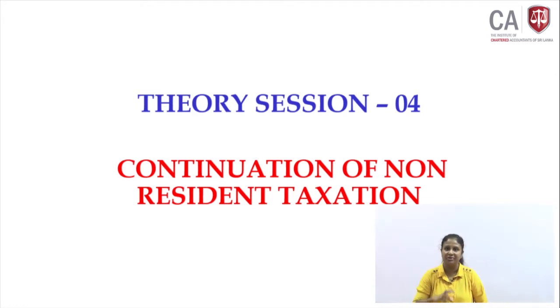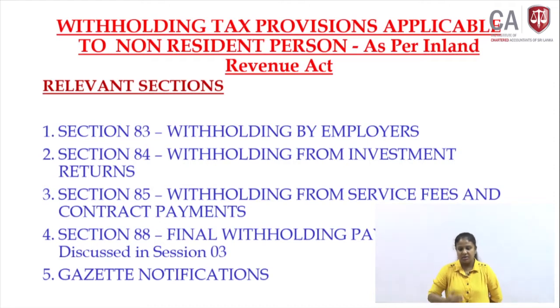Now you have the brief idea and the background information. This is the session outline: the withholding tax provisions applicable to a non-resident person as per the Inland Revenue Act. Why have I highlighted 'as per the Inland Revenue Act'?